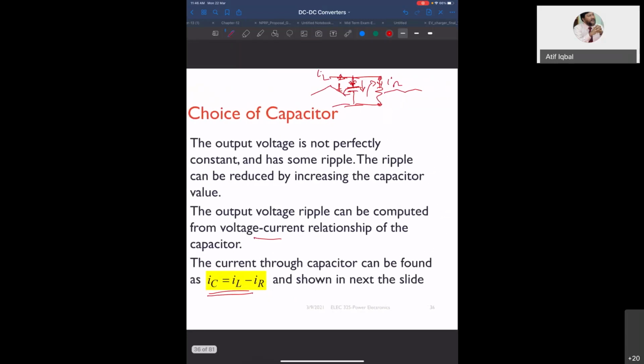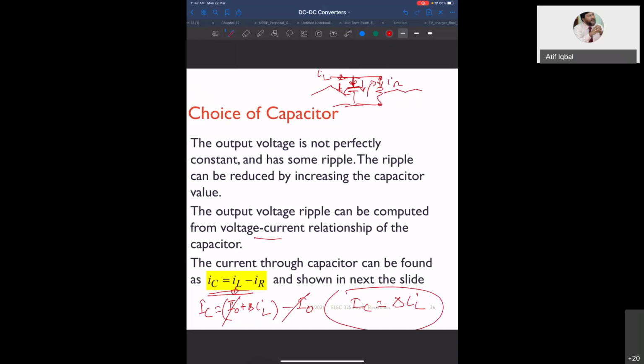And IL has the output component plus the ripple. IR is the resistance current, which is nothing but the load current. So you see, this and this cancel out. So IC is simply delta IL.